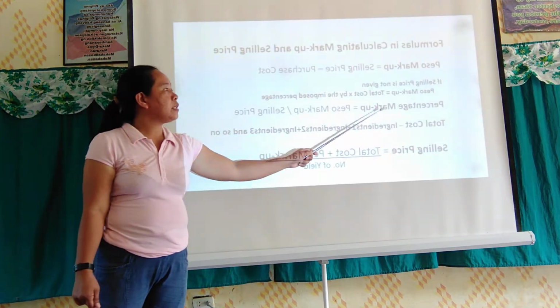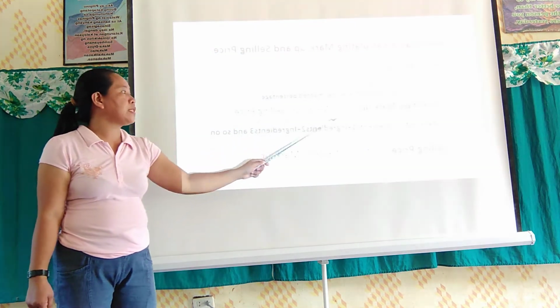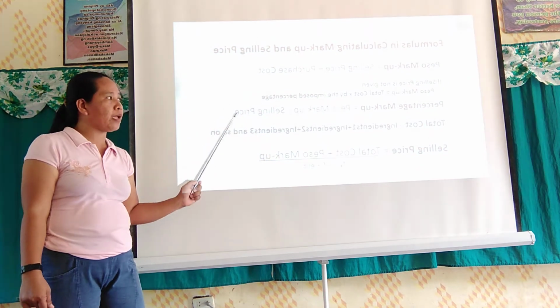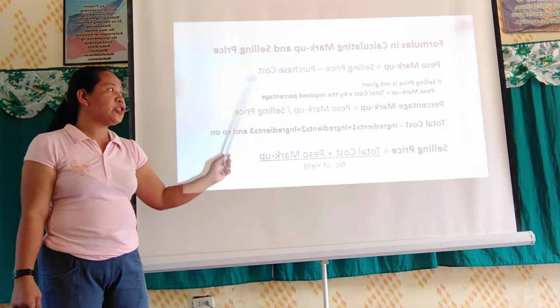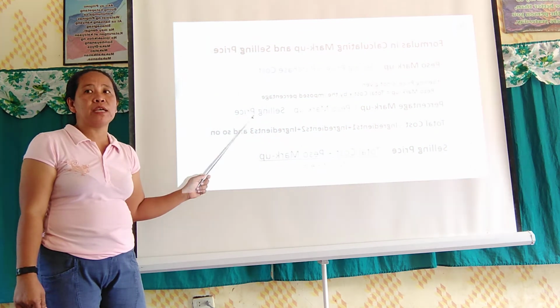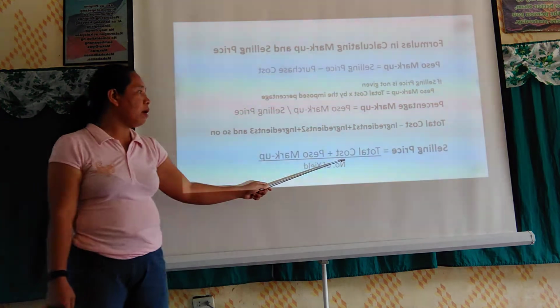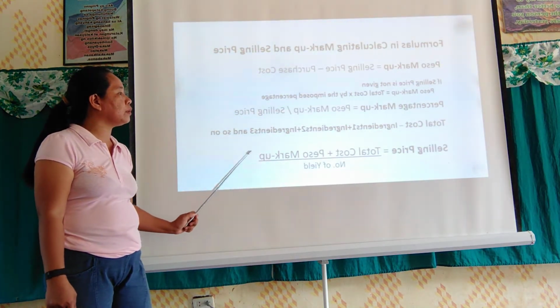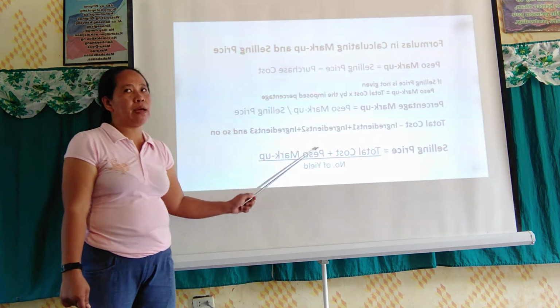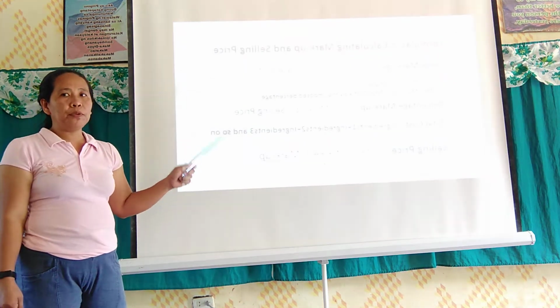Then the percentage markup we calculate by dividing the peso markup by the selling price. The total cost is you just add all the ingredients present in a given recipe. Then for the selling price, take the total cost, add the peso markup, then divide the result by the number of yield. Let's proceed to our example number 1.